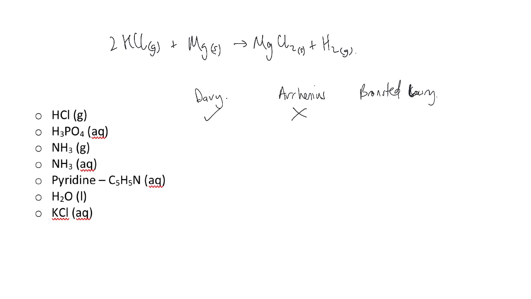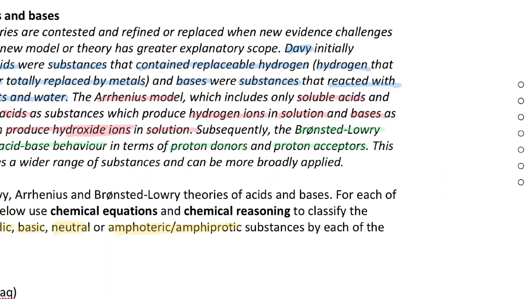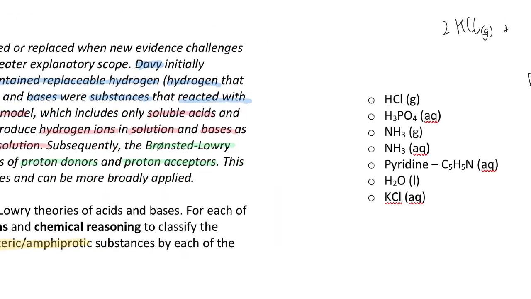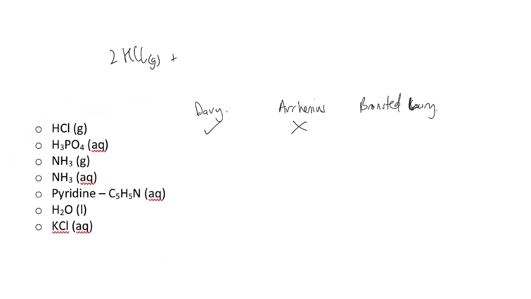Under Bronsted-Lowry, however, hydrogen chloride gas can be identified as an acid, because under Bronsted-Lowry acids are proton donors. All you've got to show is that this thing donates a proton to something else.